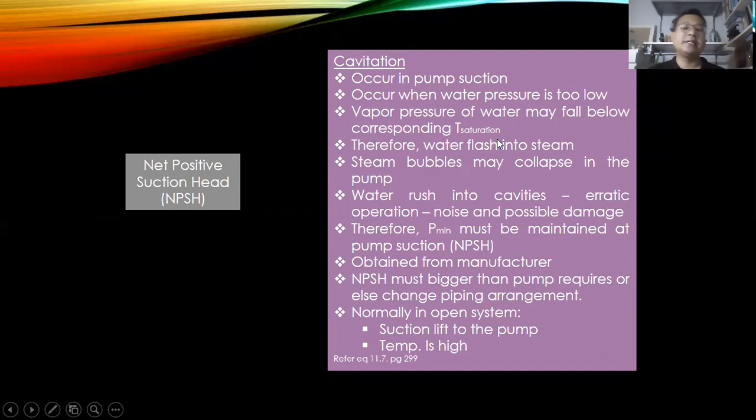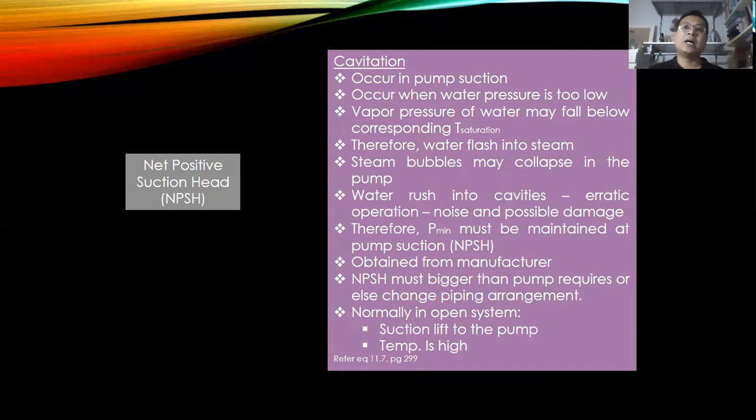So we should understand that if we try to design something to transport liquid, we should first characterize what type of liquid system it is. So we should know the position of T saturation. T saturation means when the liquid changes to vapor.